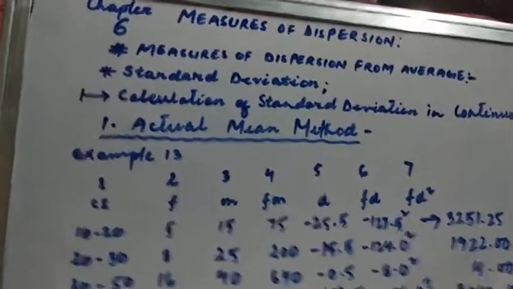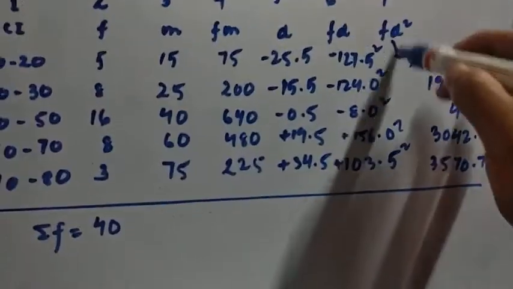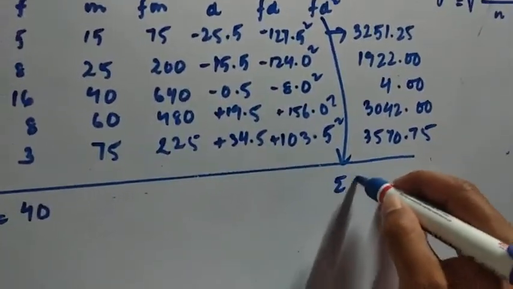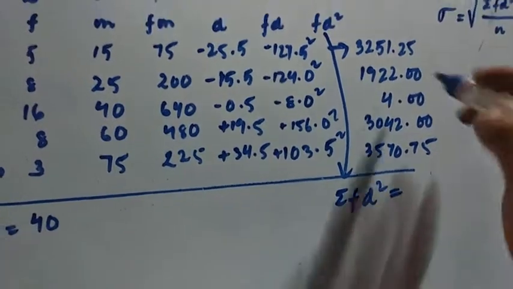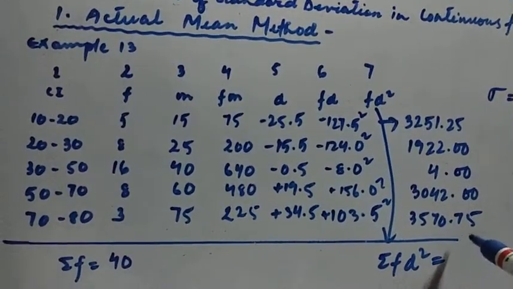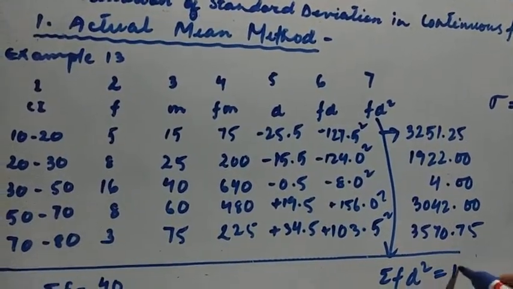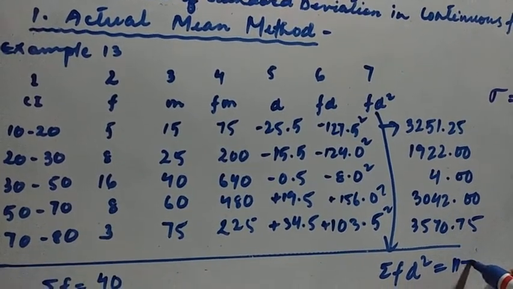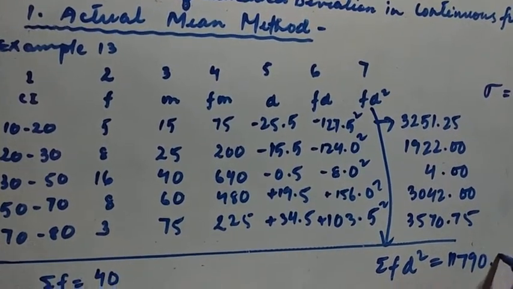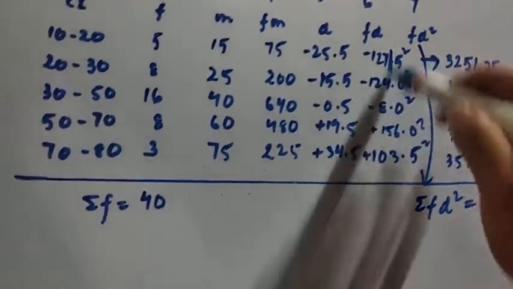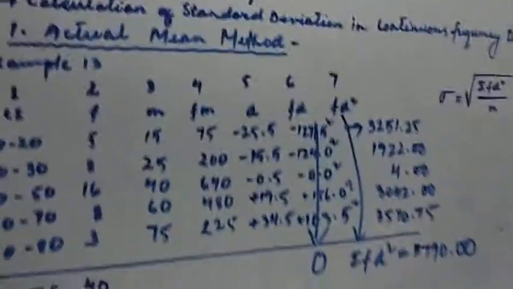Now you can easily find summation fd square. You add up all this and you will get 11790.00. Summation fd is 0, and summation fd square is this one.